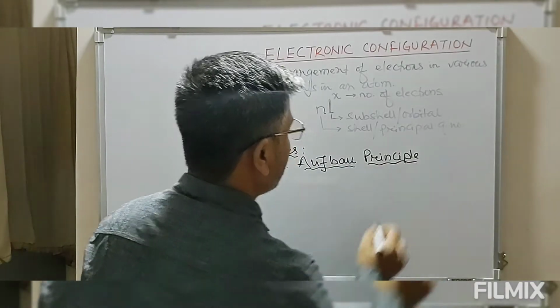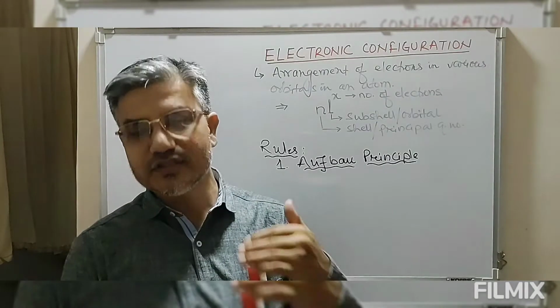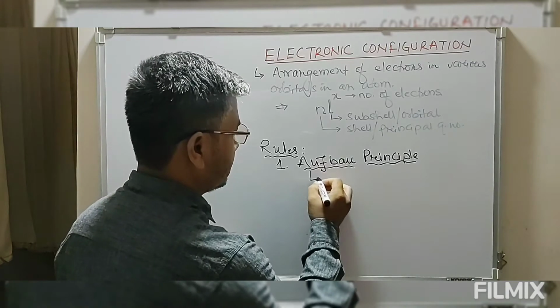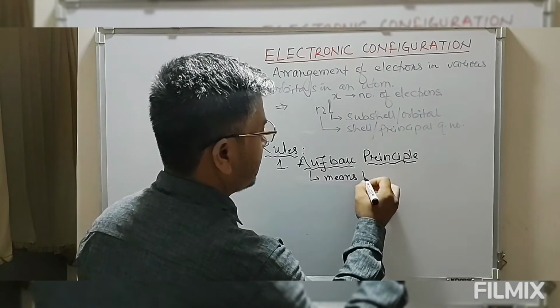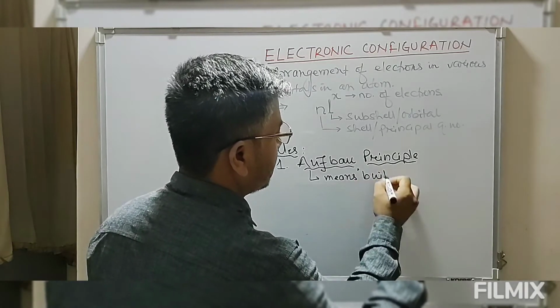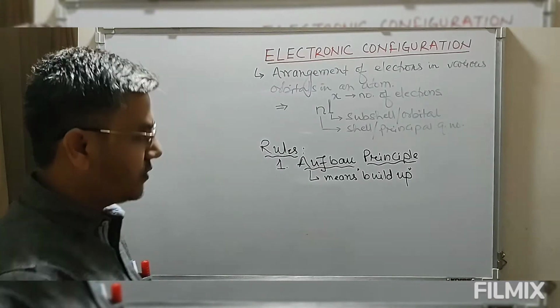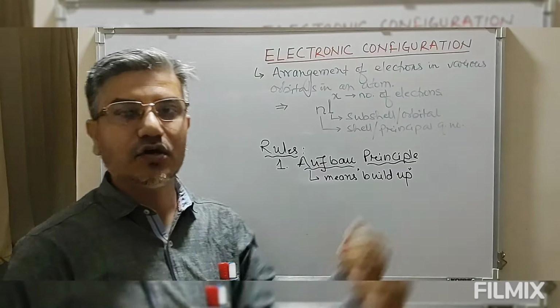Now this Aufbau is not the name of a scientist, but it's a German word which means build up. This means how electrons are to be built up or how electrons are to be entered into various orbitals.